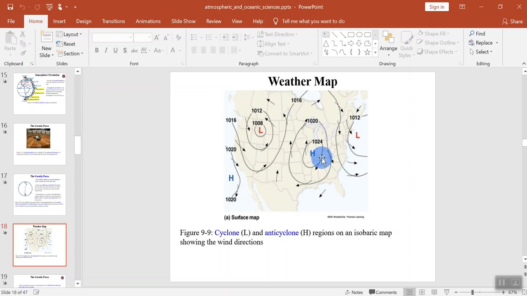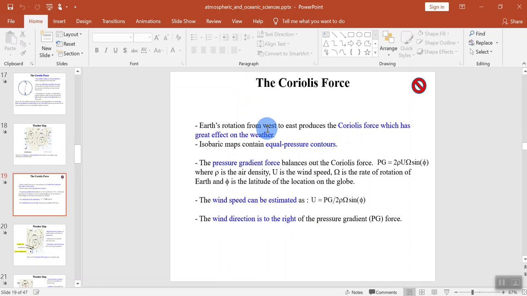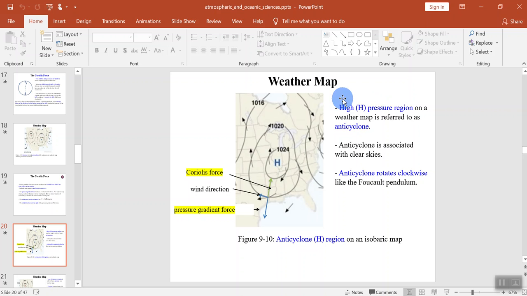So pressure goes up towards the inside. Let's skip this one. And then we said that the high pressure is called an anticyclone. It's nice weather, clear sky, and so on. And cyclone rotates clockwise.